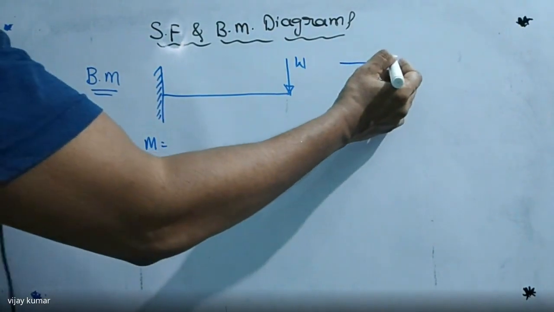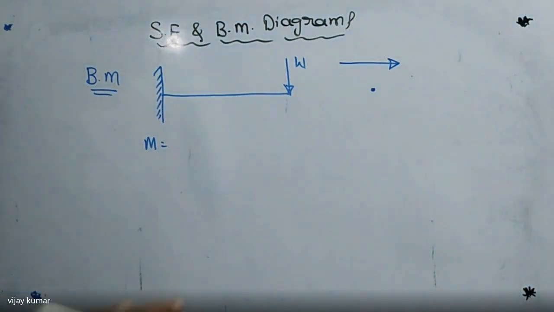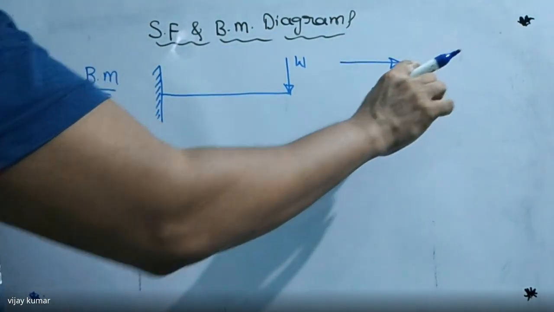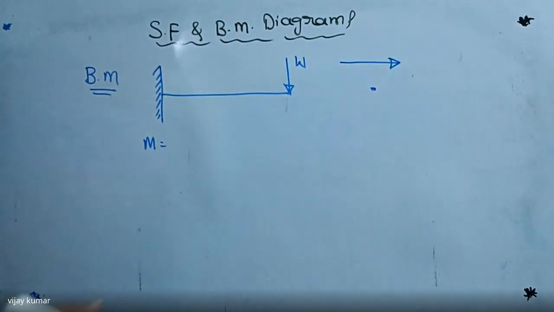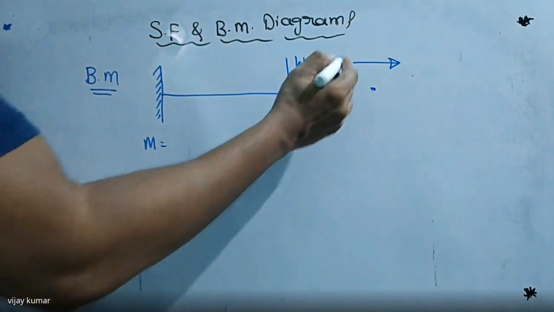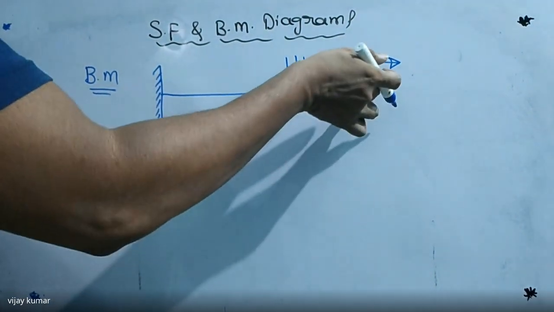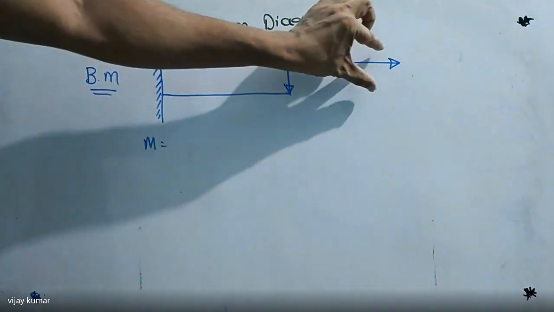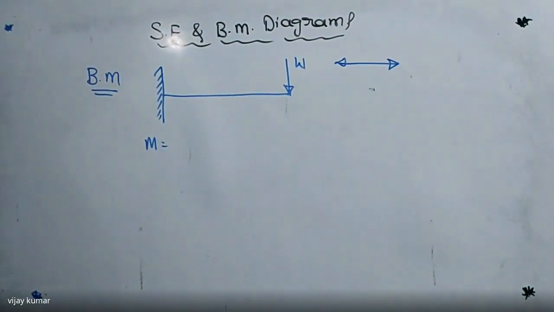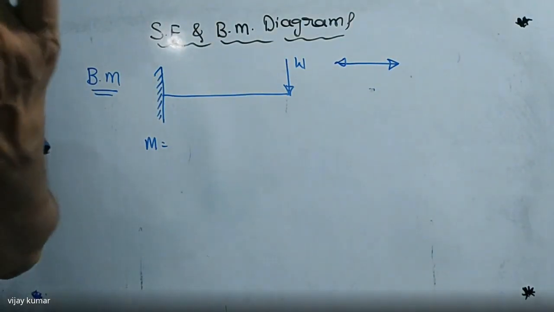So if I indicate like this, that arrow always moves in this direction, but with respect to this point, it is rotating either clockwise or anti-clockwise. If you indicate like this, then with respect to this point, this force is moving in anti-clockwise. This force is moving in clockwise direction. So if you want to define the moment, one reference point is required.